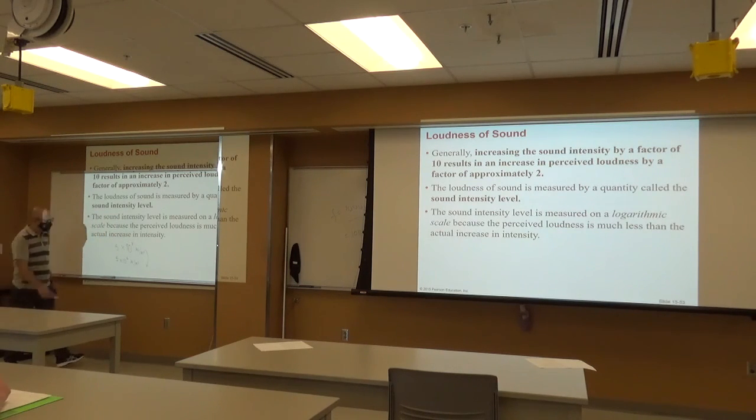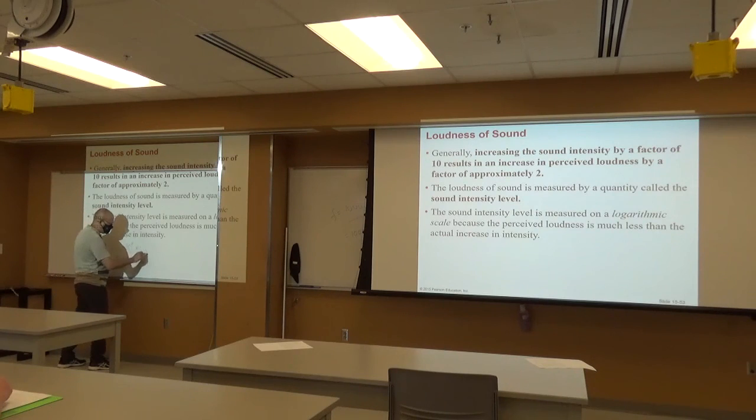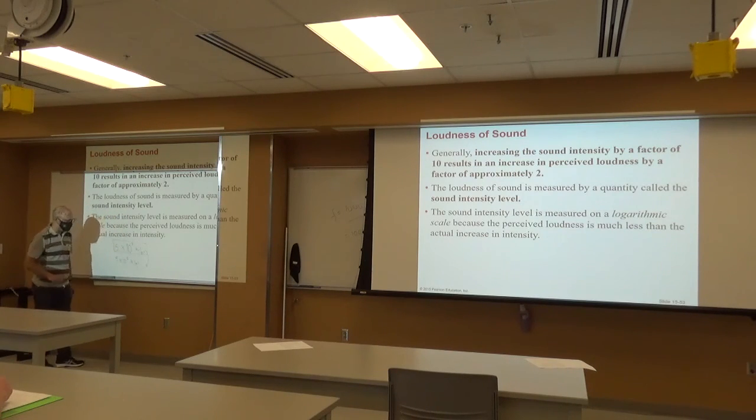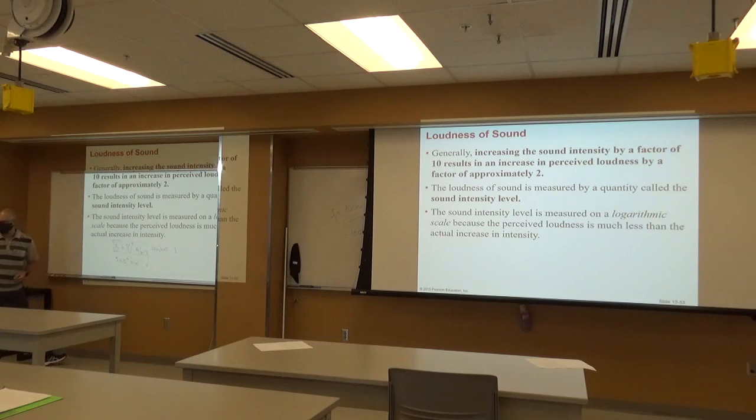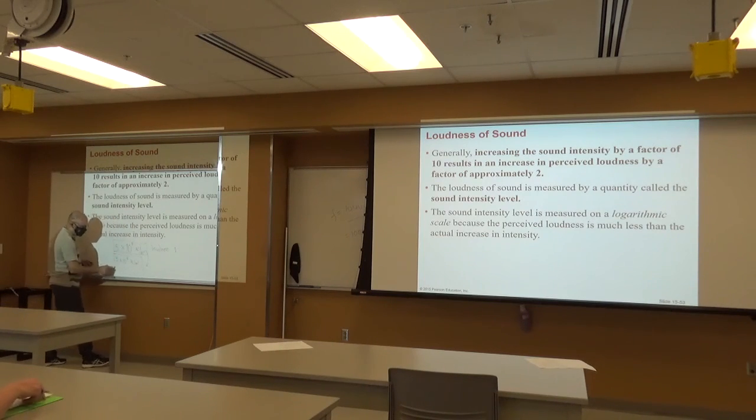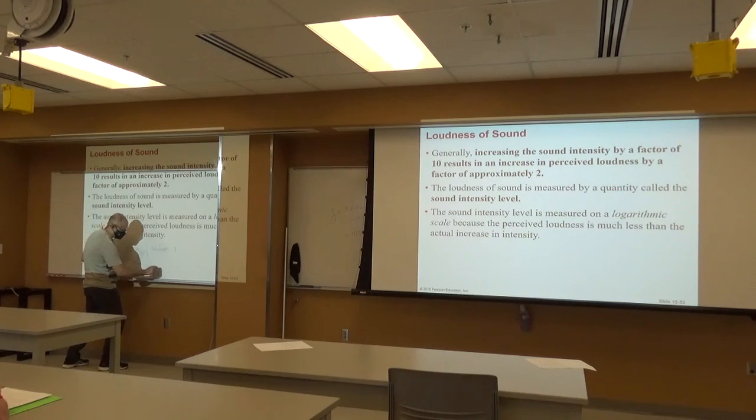If you increase this by 10 folds, then the loudness you perceive will only be doubled. Let's say you hear this intensity as some amount of loudness, that's loudness 1. Then if you make it 10 folds, the loudness you perceive will be doubled.